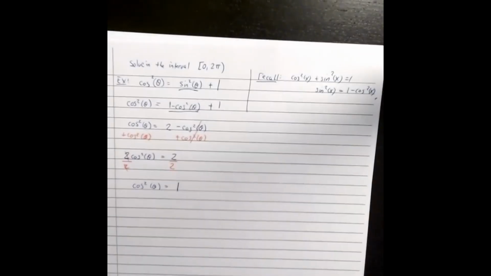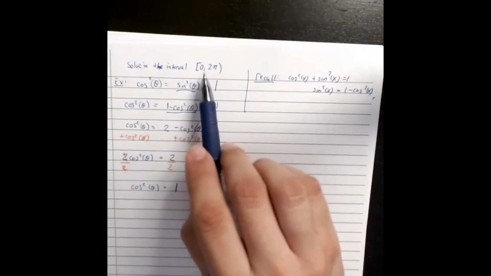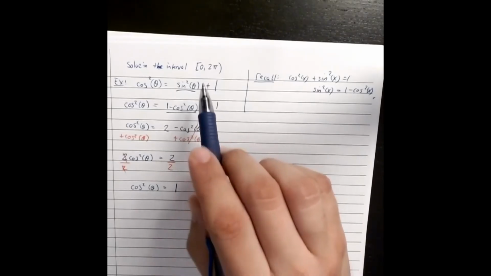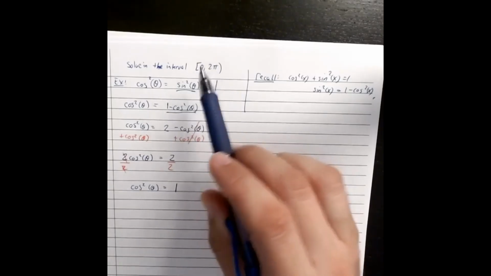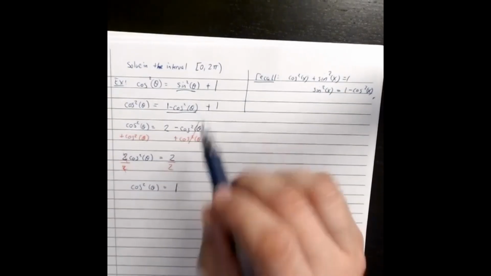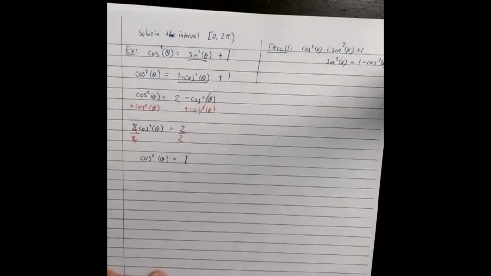If this was an application problem, if you were doing this in the context of building something, measuring something, if you were doing stellar cartography, if you were doing some topography or something that involved trigonometry, some surveying, then this would come from the restrictions of the real world. But this is purely computational. This is purely theoretical. We don't have any application at this point. So here, if we're going to give you a restriction, we just have to give it to you. We tell you, hey, make sure your answers are somewhere between here and here. You'll notice that here we will not get an infinite number of answers because we only want the ones in this small interval. All right, so let's continue here.